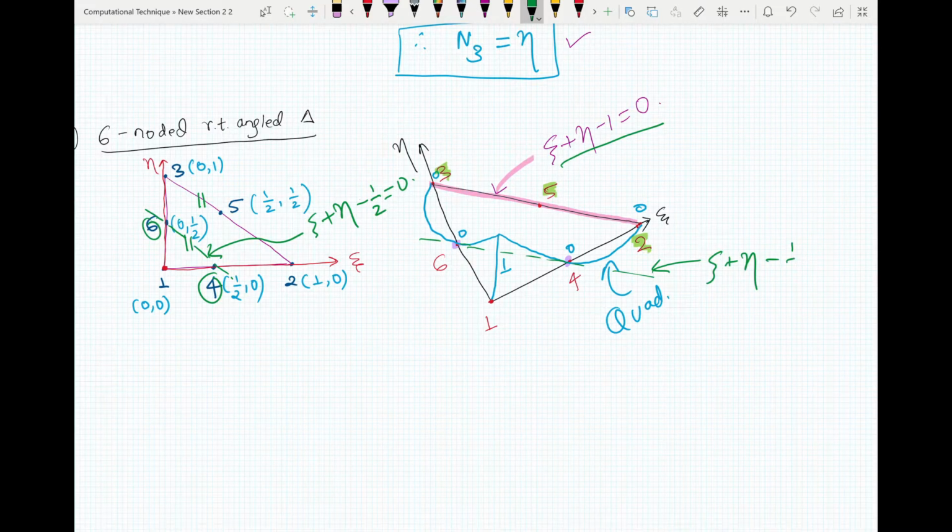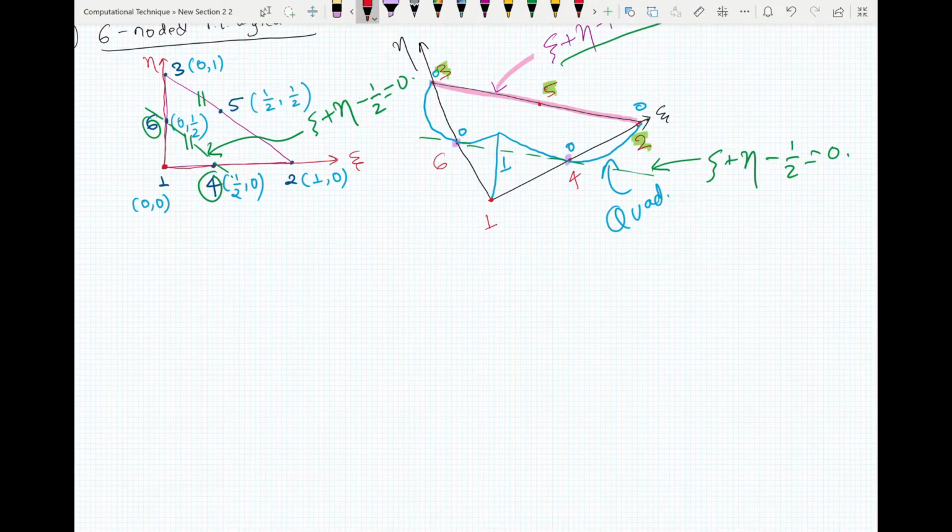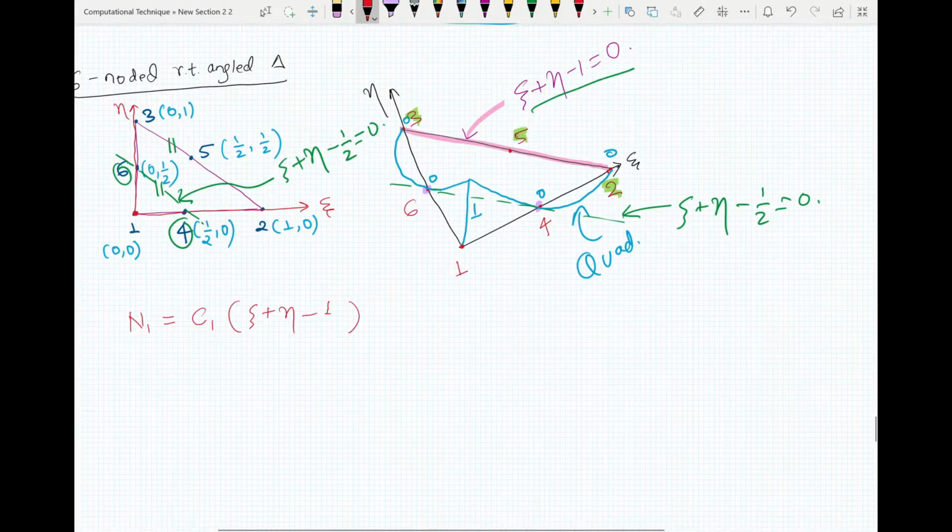Now you can see that we can form the equation for N1 as N1 will be equal to C1 times, you see that this is quadratic, so it should have 2 linear equations. We can include this equation here, which is this one, and then we have another equation which is this one.